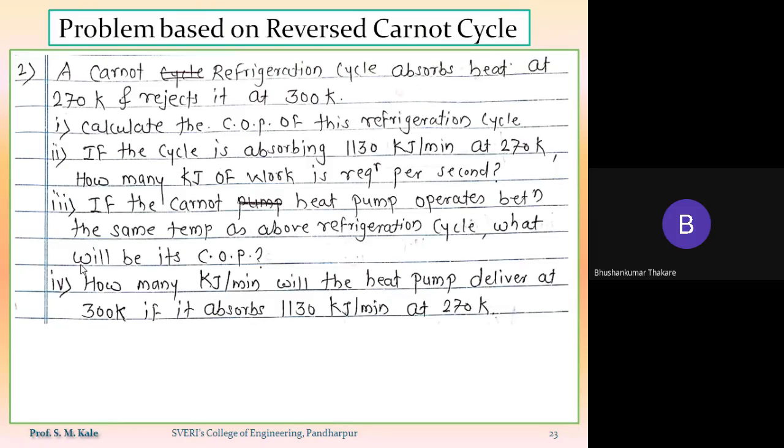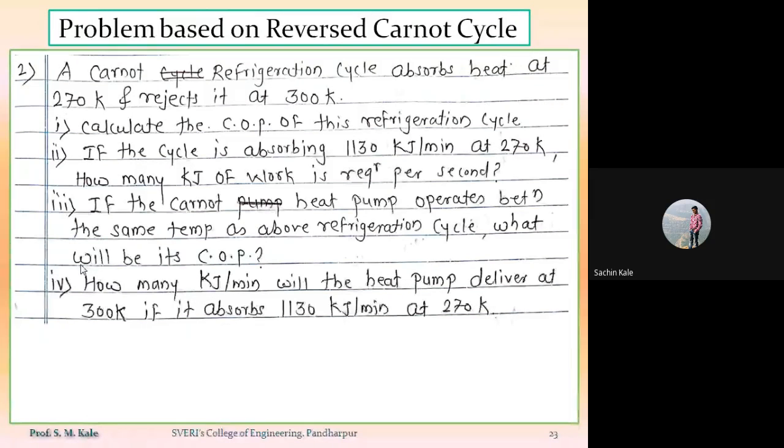If the Carnot heat pump operates between the same temperatures as the above refrigeration cycle, what will be its COP? How many kilojoule per minute will the heat pump deliver at 300 Kelvin if it absorbs 1130 kilojoule per minute at 270 Kelvin?